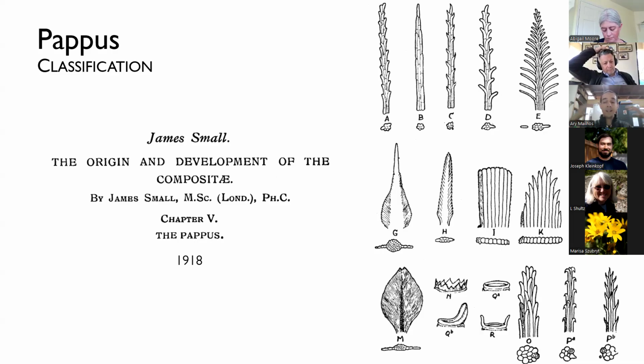He compiled a lot of information that was available at the time, together with his own observations, and he provided a pretty exhaustive classification proposal for the Pappus across the whole Compositae, right? And this established the basis for Pappus classification that we still use nowadays.